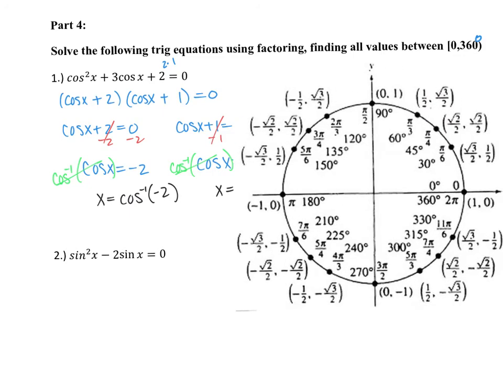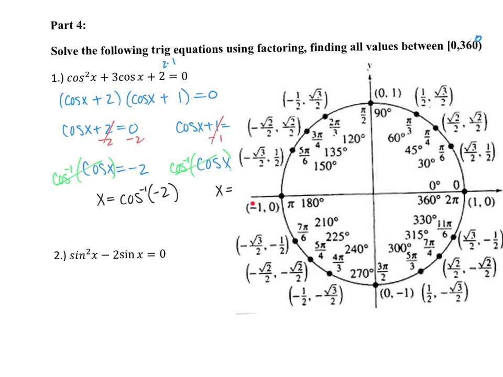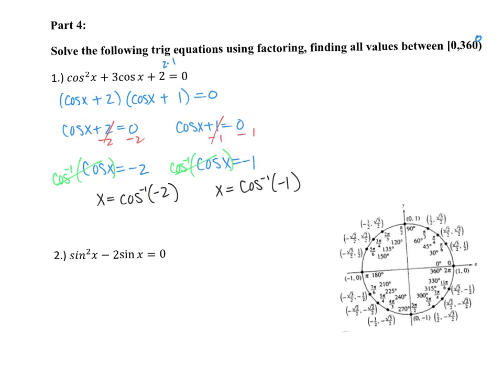You guys probably cannot see. So we can see cosine is negative 1 right here for the x value. And that's going to be at 180. So I know 180 works. But I don't see anywhere else where x is negative 1. If you guys can see it, let me know. But I don't really see any other negative 1s out there for x. So it looks like x for this one can only be 180 degrees.